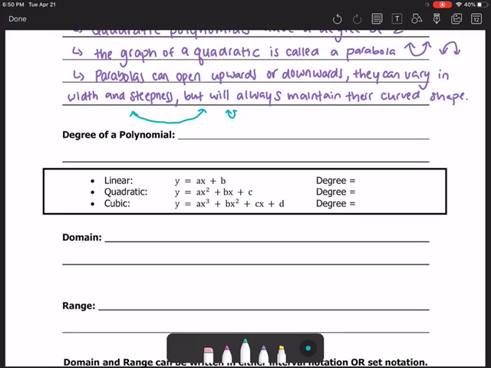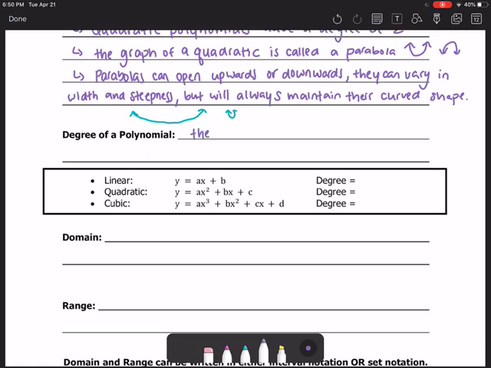All right. Something just to keep in mind here is the degree of a polynomial. We already said that a quadratic polynomial has a degree of 2, but let's think back here. What does the degree of a polynomial really mean?